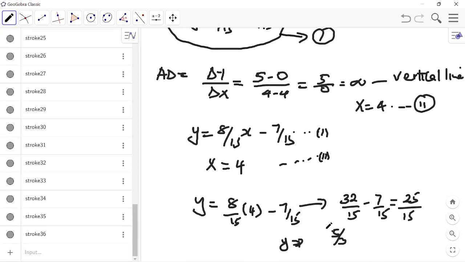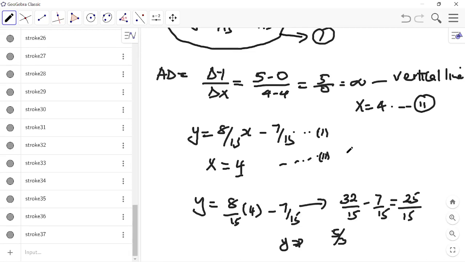We can get the x coordinate at the centroid point because we already have it defined here. Our x is equals to 4. So you don't even need to find it. But still, if you substitute y is equals to 5 over 3 here, you are still going to get 4 because that is the intersection point.